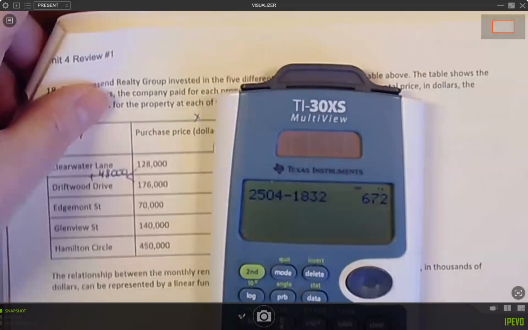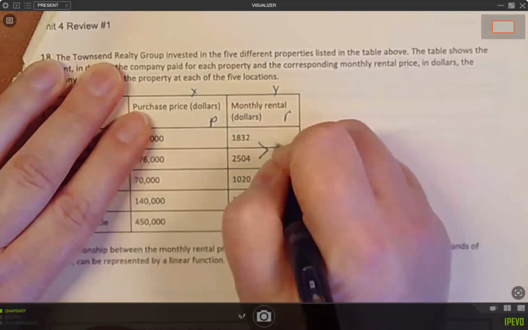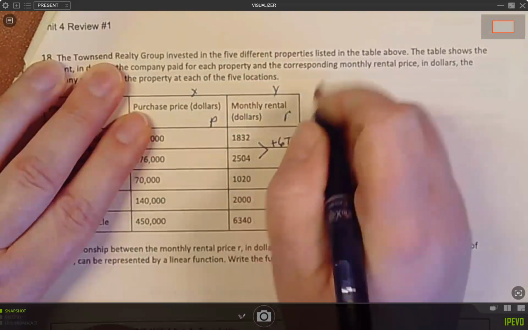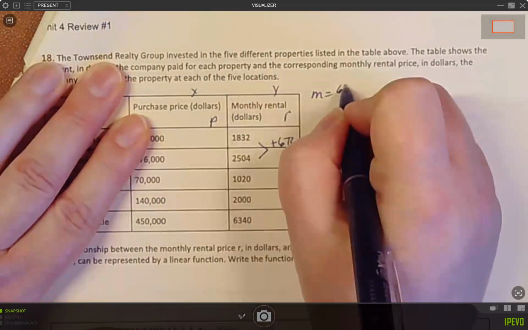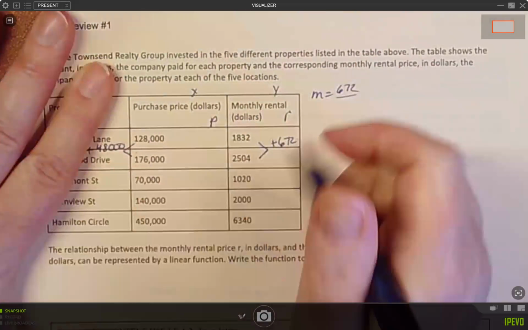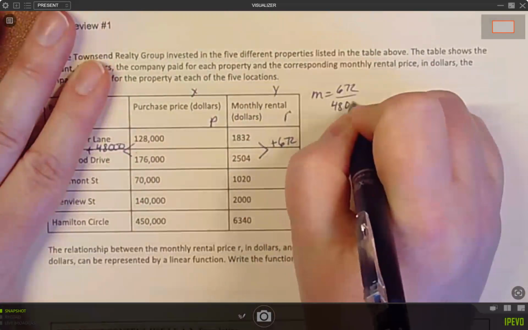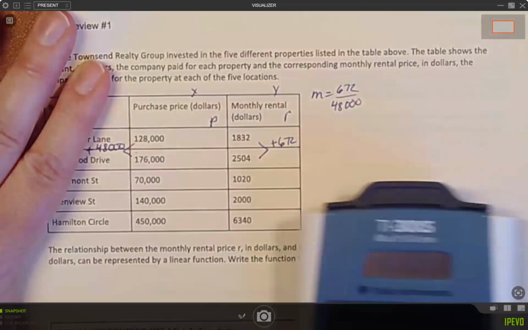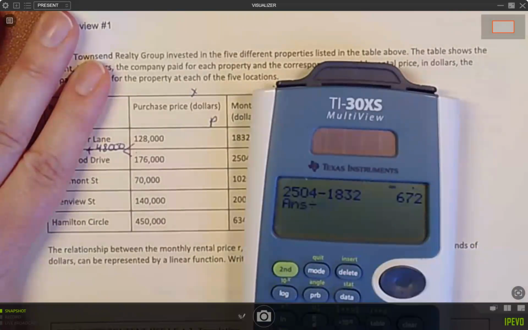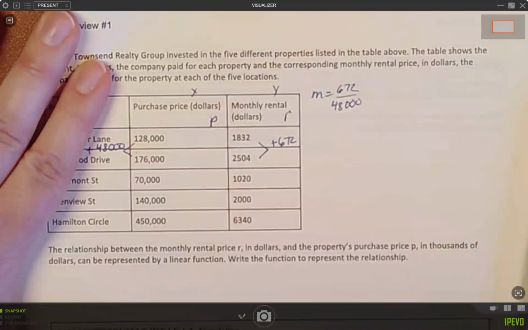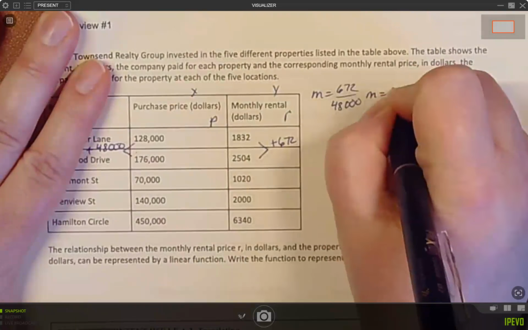So plus 672. And our slope is our change in Y, so that's plus 672 over our change in X, which is 48,000. And then we'll go ahead and divide that out, 672 divided by 48,000, 0.014.